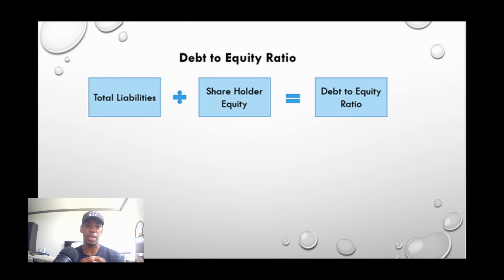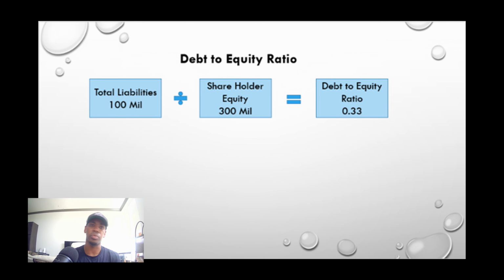So then we have the debt to equity ratio, which is basically used to assess a company's financial leverage, right? So you divide the total liabilities by the shareholder equity to get the D/E ratio. And you can also find the shareholder equity information on the balance sheet of the company's website.